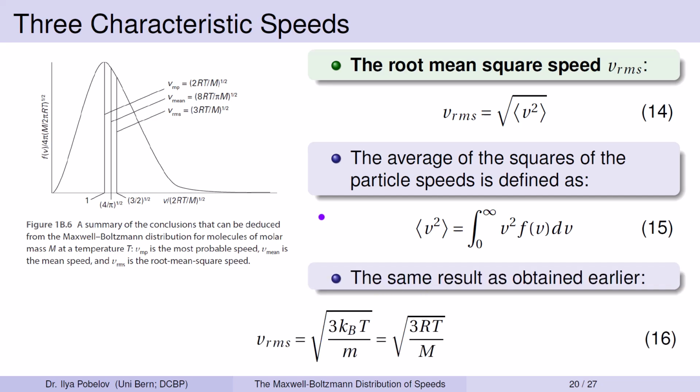The result for the root mean square speed obtained using this formula is exactly the same as obtained earlier when we analyzed the translational kinetic energy of gas particles: the square root of 3kB T divided by m.